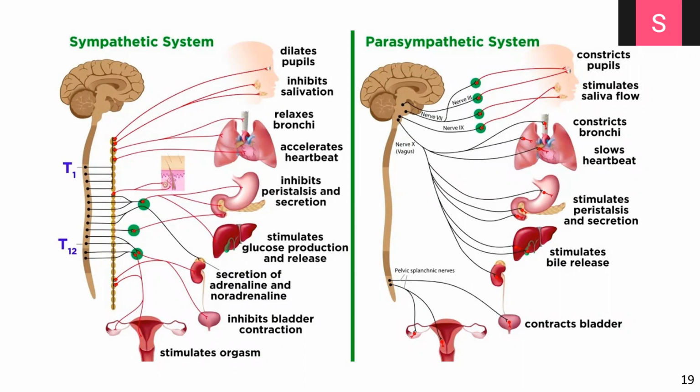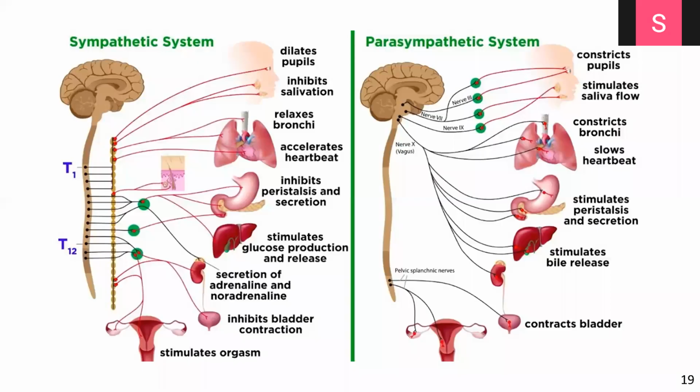When parasympathetic stimulates bile release, the sympathetic stimulates glucose production and release. When, for example, the sympathetic system inhibits bladder contraction, the parasympathetic system contracts the bladder. So we can say that the sympathetic and parasympathetic systems really are antagonists.